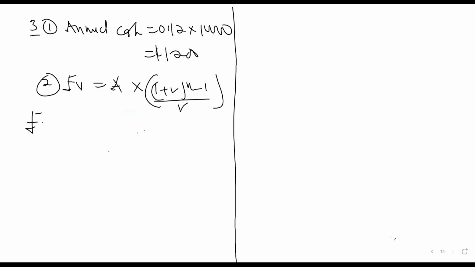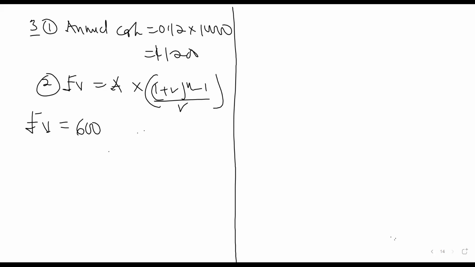Please, I hope we understand why we are using annuity. So how much are we investing every year? You'll be receiving 1,200 every year, and you'll be reinvesting 50% of it.